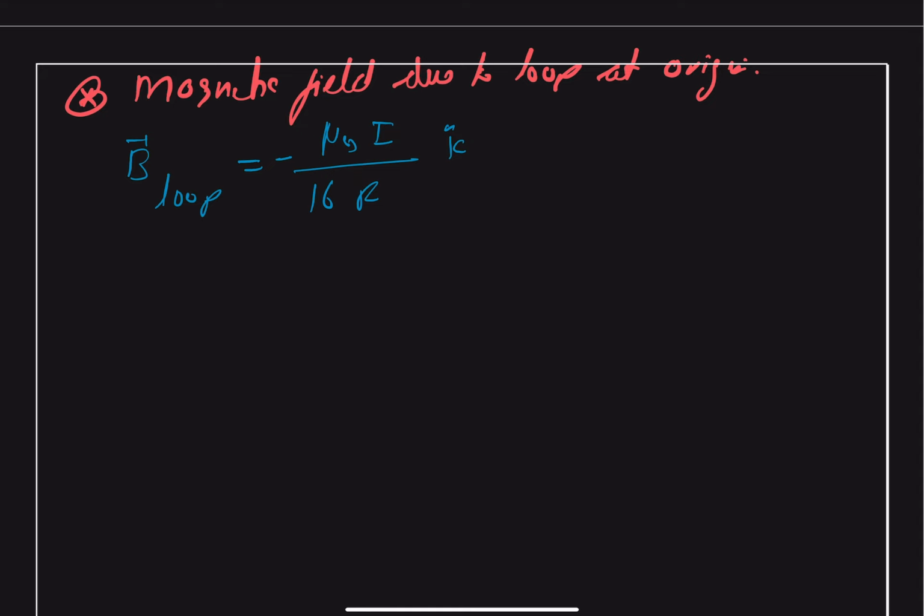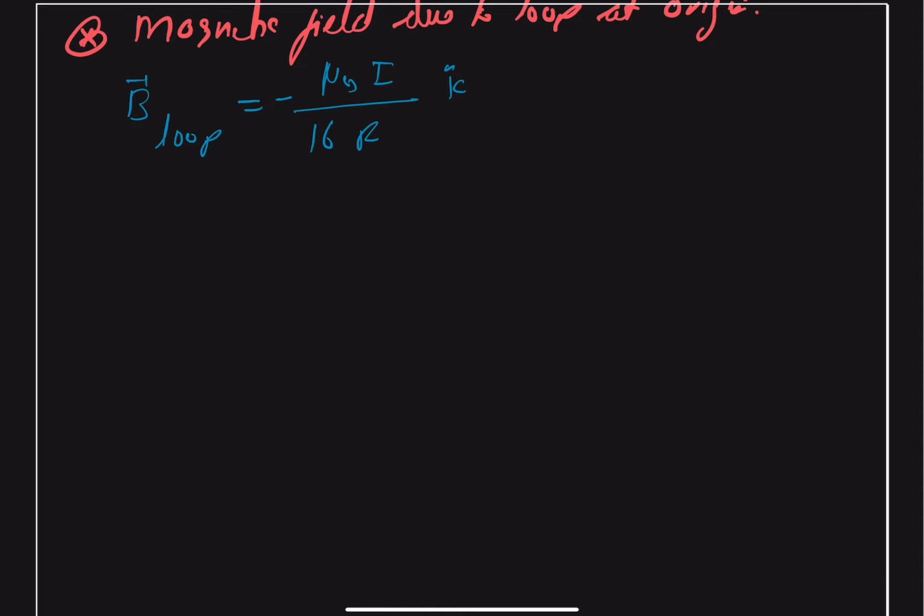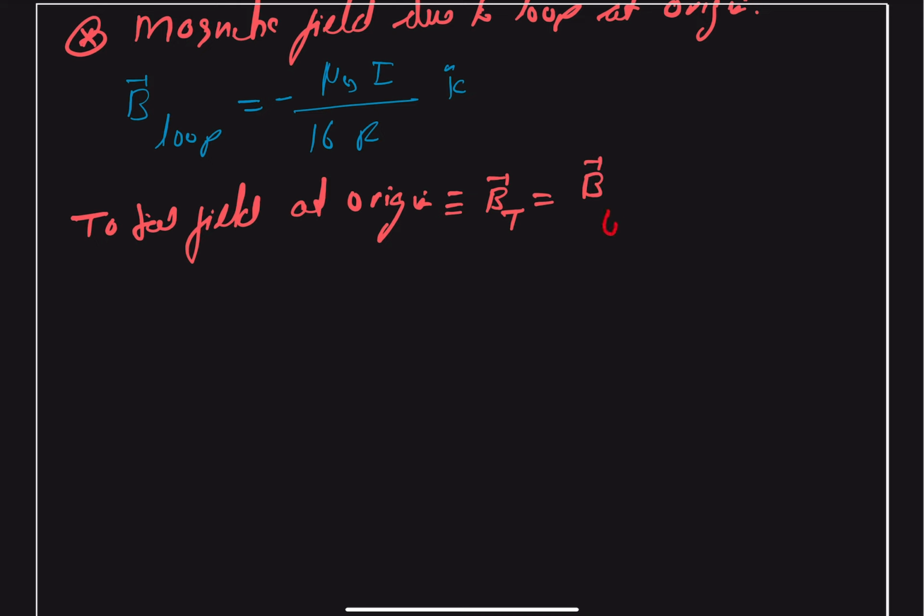So it means the total field at origin, let us call that B total, will be equal to magnetic field due to wire plus magnetic field due to the loop.